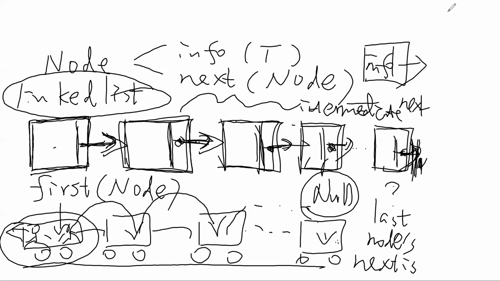So if I know the first node for a linked list, then I know the whole linked list. And I can always store all of the information I need in the nodes, and when I need the information, I can retrieve the corresponding information. So that's the concept here.